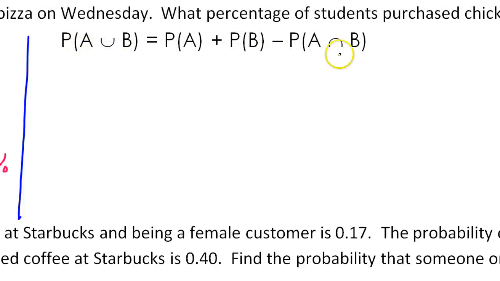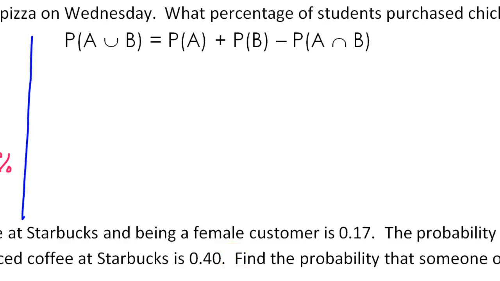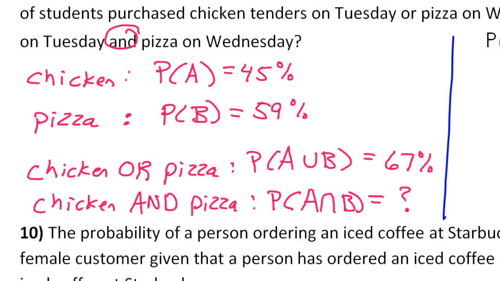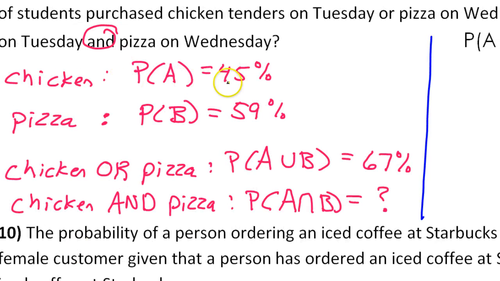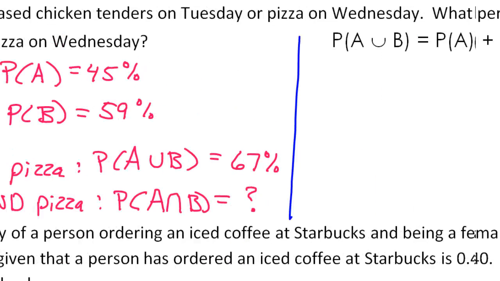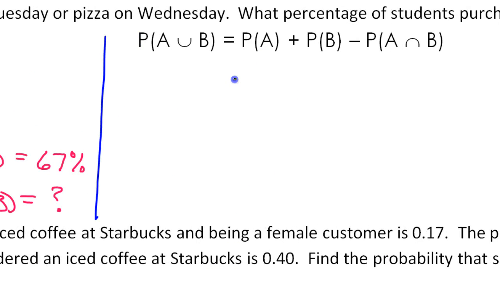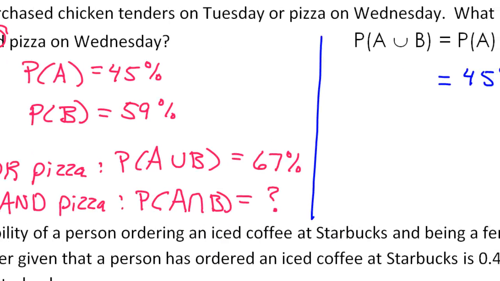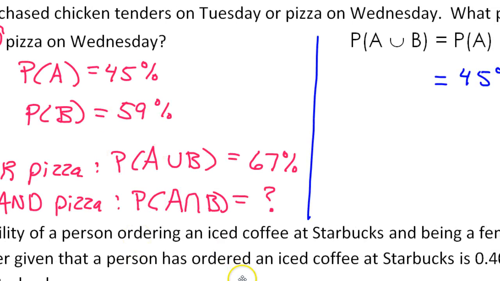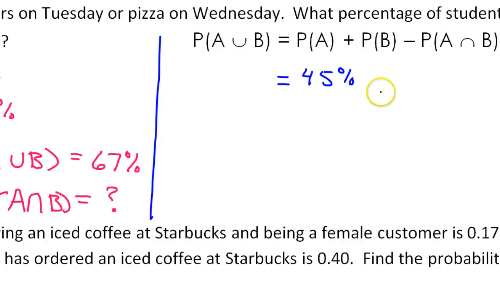So here I've copied over the OR formula. Let's fill in everything we have. We have the probability of A is 45%. So I'm going to put that right here, 45%. What else do we have? We have the probability of B is 59%. So that's plus 59%.